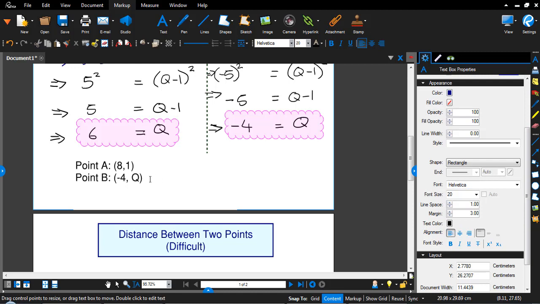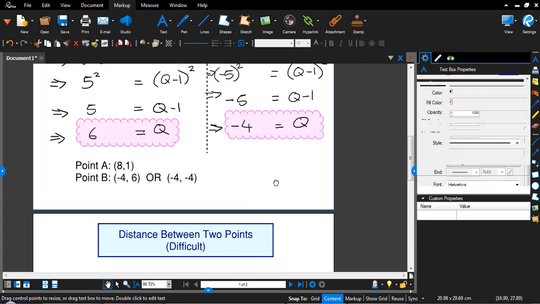Point B is actually minus 4, 6, or it's actually minus 4, because that's q. So let's think about it.